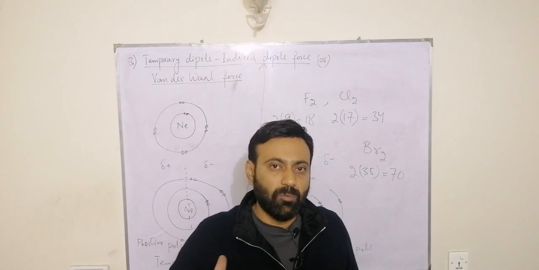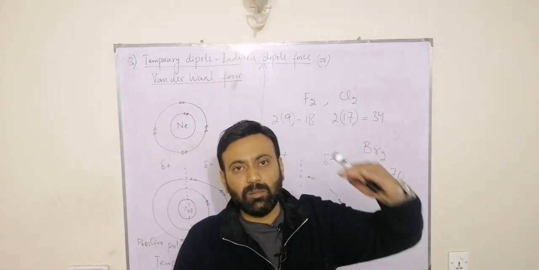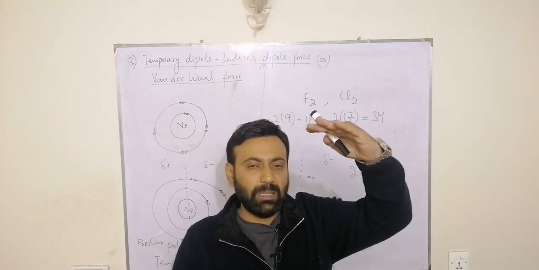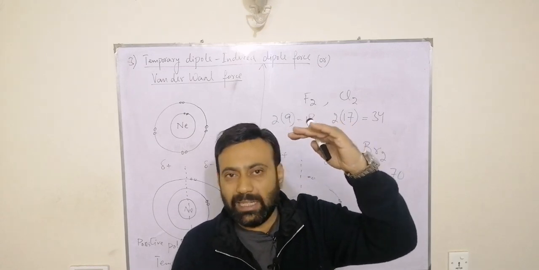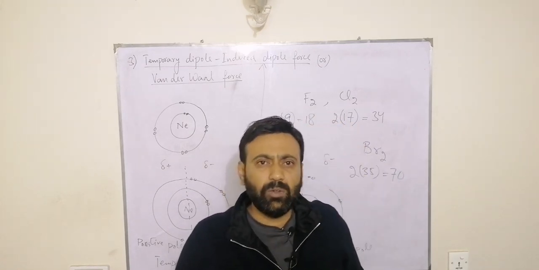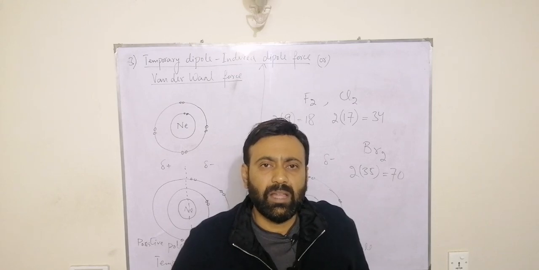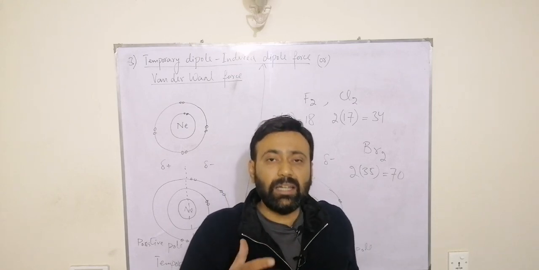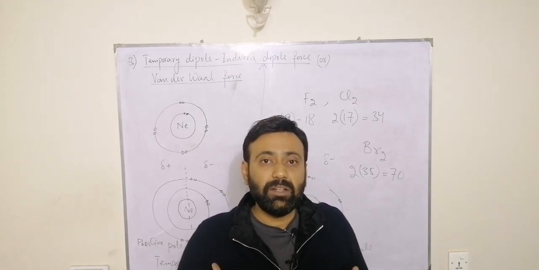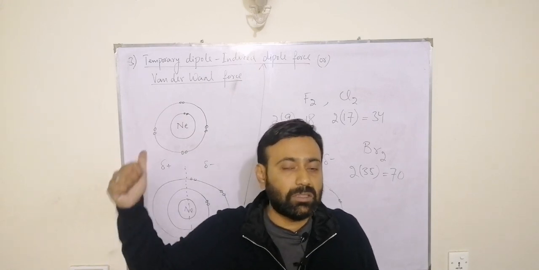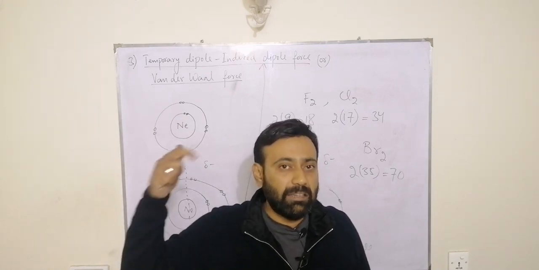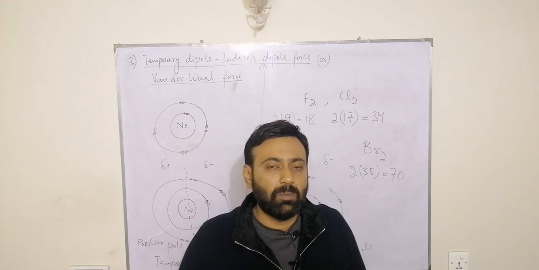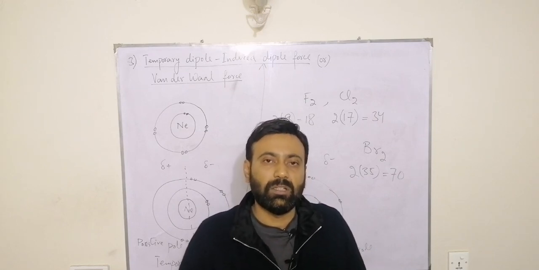It starts from very weak, and the maximum value is pretty high, like in iodine, I2. It is a solid at room temperature. It can even dominate hydrogen bond, which is the strongest intermolecular force. Even water is a liquid at room temperature, but iodine is a solid at room temperature.